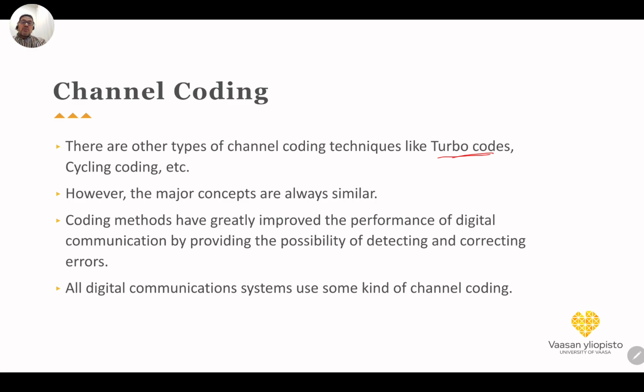So, coding methods have greatly improved the performance of digital communication by providing the possibility of detecting and correcting errors, and again, all digital communication systems use some kind of channel coding. Now, after this part on convolutional codes, we have covered the major things that we need to know about digital communication.